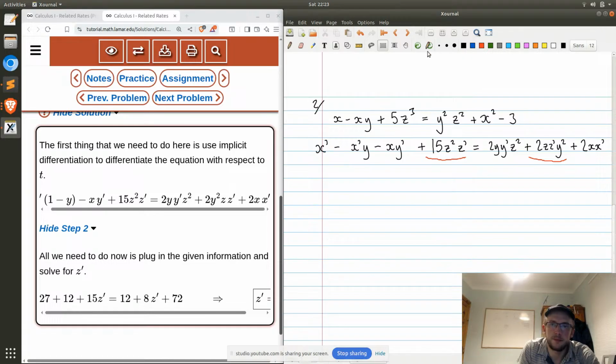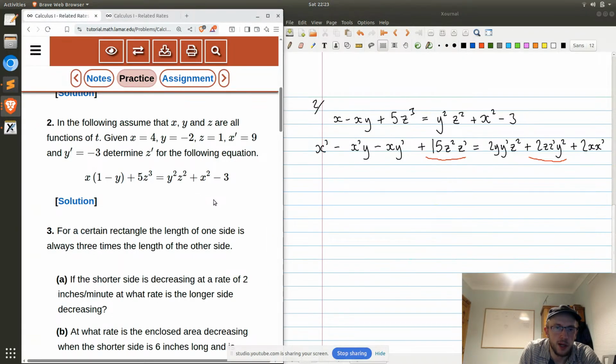Okay. I'll try again. Here. So I'll have 9 minus 9 times negative 2, which is 18. That's going to be 18 with the minus sign in front of it.